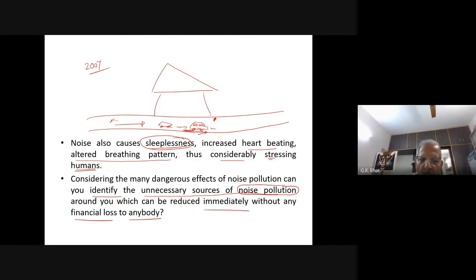Now, whenever it is required, I honk; otherwise, no. So this is what I'm telling: identify the unnecessary sources of noise pollution around you, which can be reduced immediately without any financial loss to anybody. I did not get angry with him.